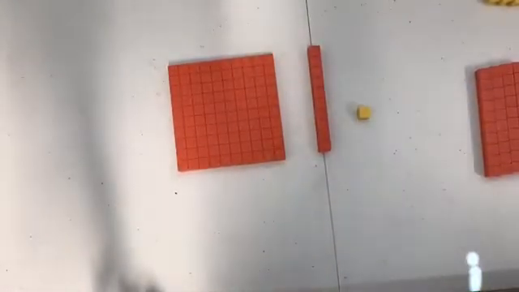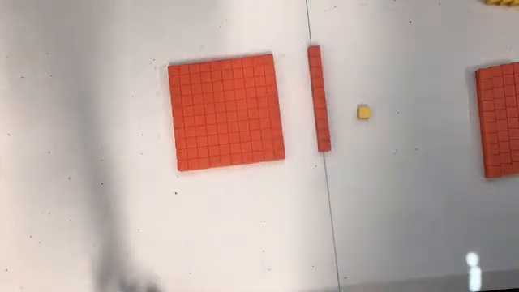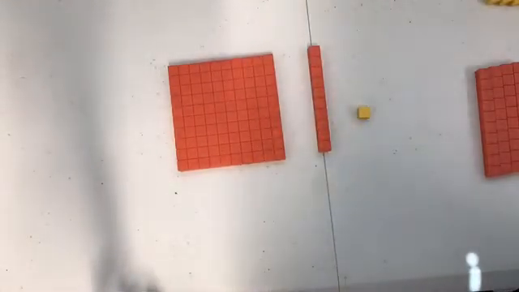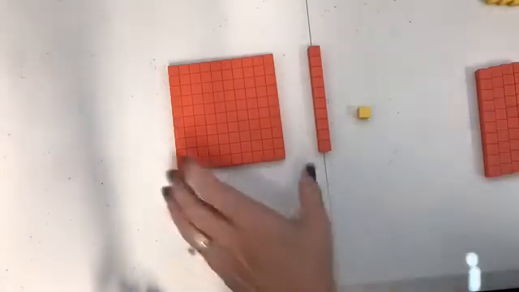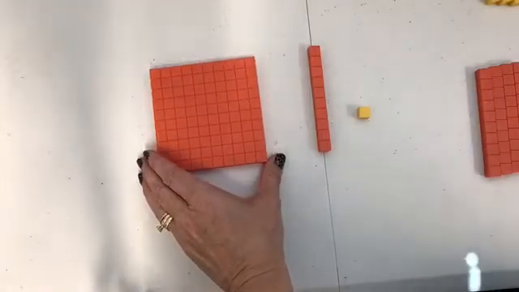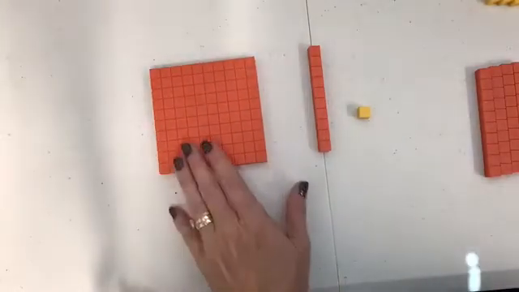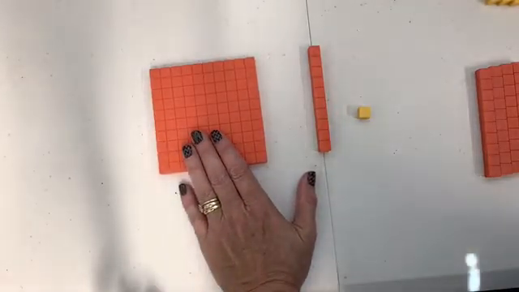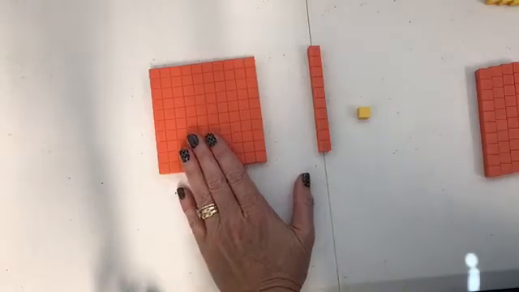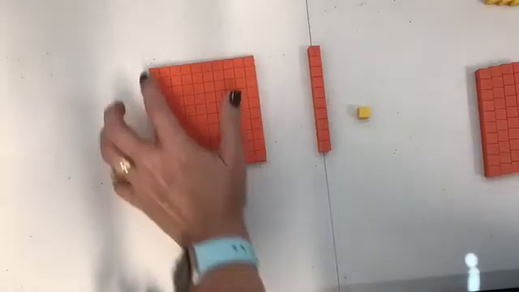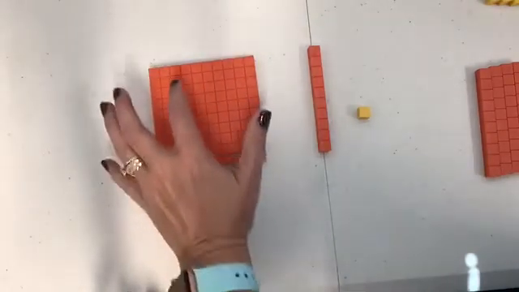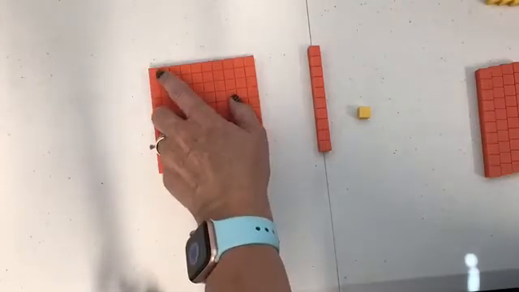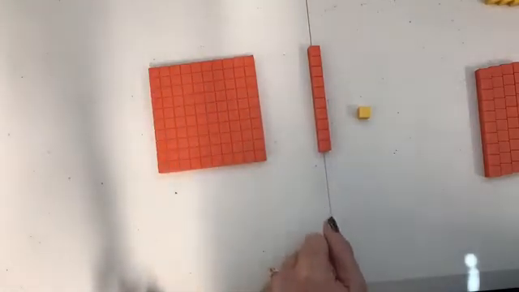So today we are going to talk about decimal multiplication, and I want to start by making sure we understand what each one of our base 10 models is going to represent. In grades 1 through 3, this flat represented 100, and in 4th grade students learned that this could represent one whole, with each column being 1/10 and each individual square being 100th.